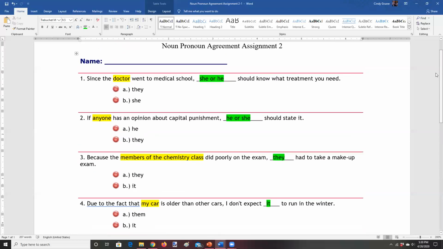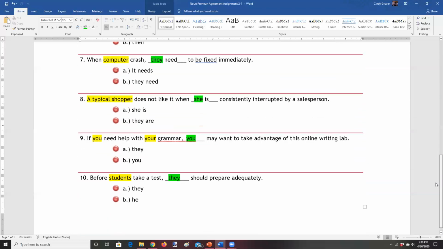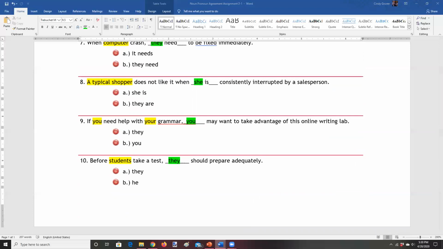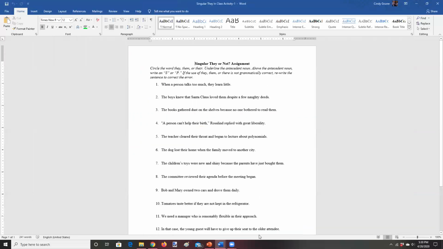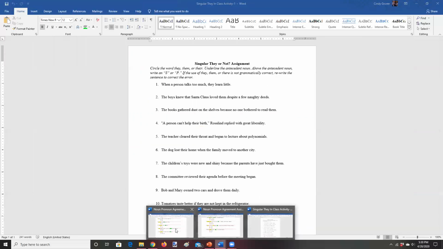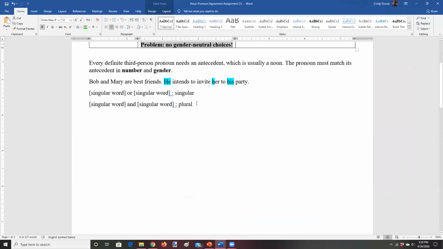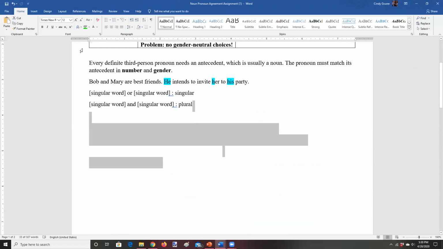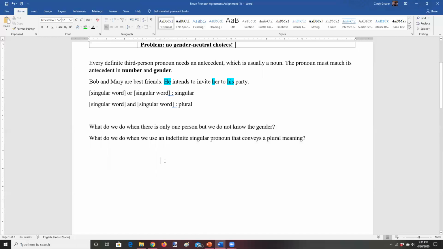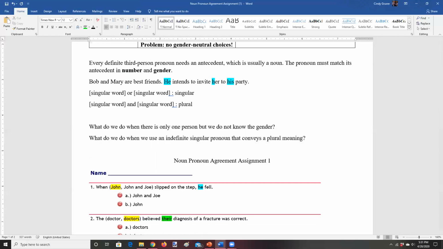So I think we've gone through all of those. And now we're going to talk about the singular they, and that's what I've been kind of hinting at. Let me go back to the first document and uncover this. And this is the problem that we're really going to focus on. Oops, did not mean to do that. I apologize.